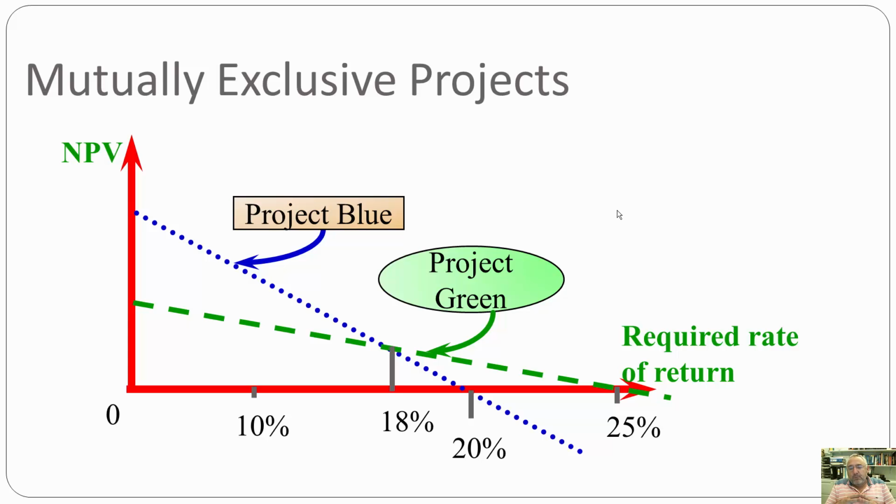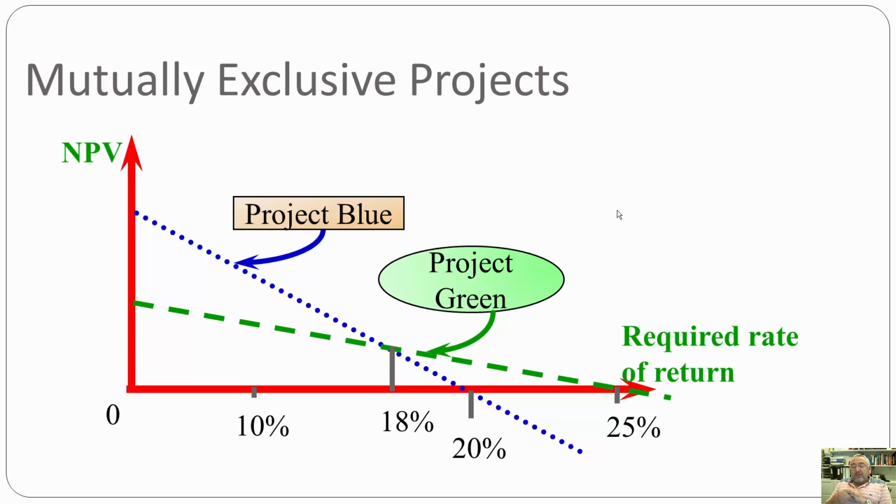From a net present value perspective, you're not saying what rate of return gives you a 0 return. You're saying, at my cost of capital, at my real threshold interest rate, what's the value of this project? So if my threshold interest rate is 10%, and I discount all the cash flows at 10% for both Project Blue and Project Green, Project Blue's got most of its cash flows up front.